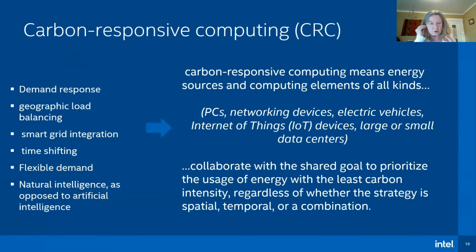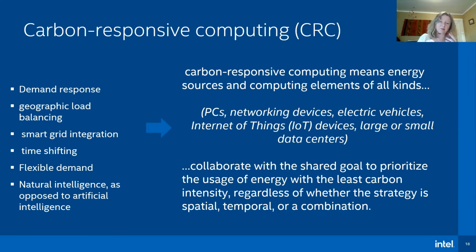Okay, so what we've said in the paper is, look, you can call this what you want. I've already alluded to a couple of them: demand response. The energy people tend to talk about it because that's what it is from their perspective. Geographic load balancing, smart grid integration, time shifting, flexible demand.